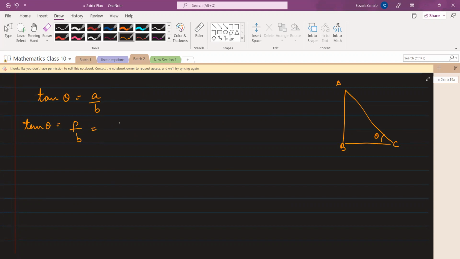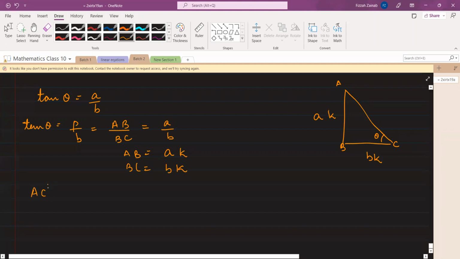So perpendicular is AB, base is BC. Now this is equal to A upon B. So that means we can write that AB is equal to A times some number and BC is equal to B times some number. So this is AK and this is BK. Is that okay? So you find AC now.